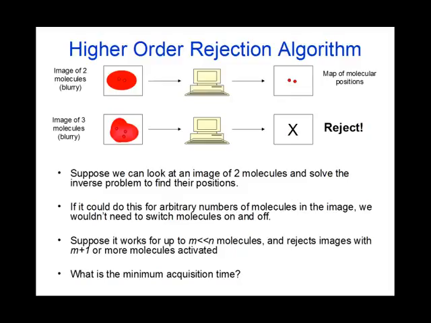It can't fit some horrendous number of molecules. I'm using 3 for simplicity. And when it gets something it can't handle, it knows it can't handle that. So it says, I'm not even going to try to analyze this. It's as perfect as you're going to get from an algorithm. And the question I'm going to ask is, by turning up your activation probability to bring in more of these multi-molecule images and use them, how much time do you buy?